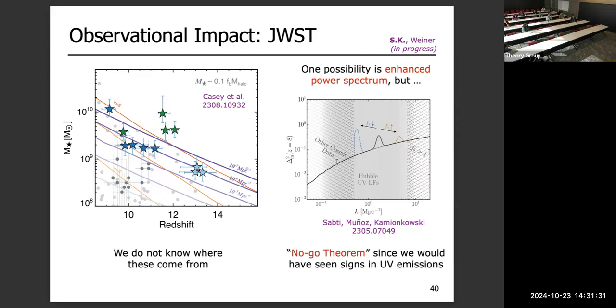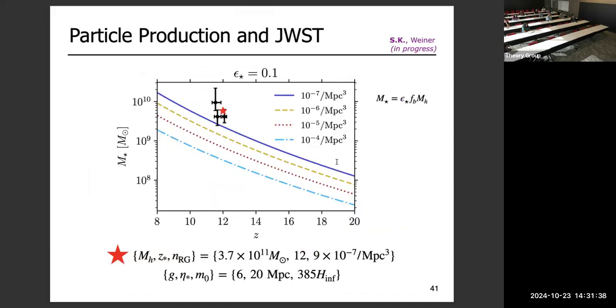So typically these sort of broad modifications do not work. You would be in tension with other data sets. But the good thing is that the kind of scenario I've been talking about involves very, very rare processes, so you don't modify the power spectrum significantly.